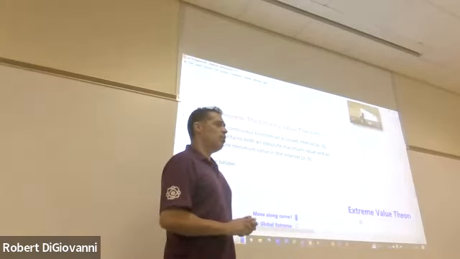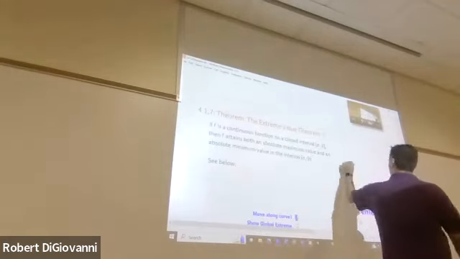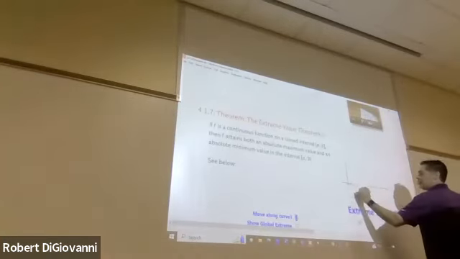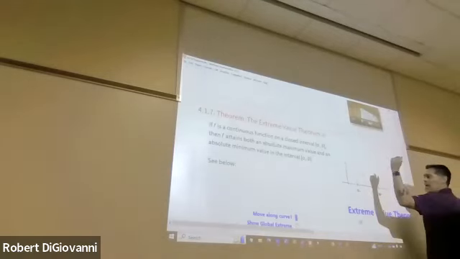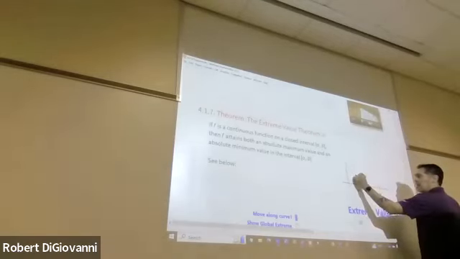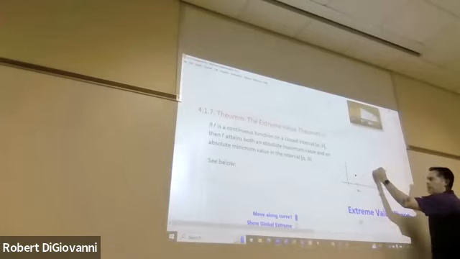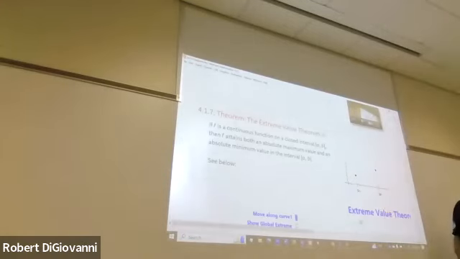So if you're going to draw a function that starts at some x value of a and ends at some x value of b, and when you start it and get to the endpoint, you have to connect those points with a curve, then you have to have a highest point and you have to have a lowest.